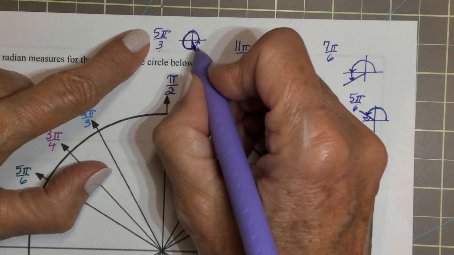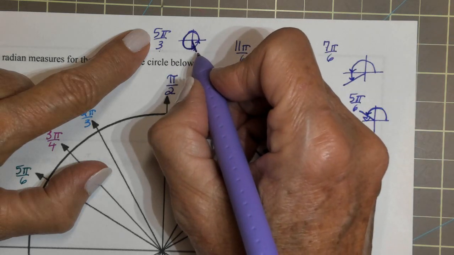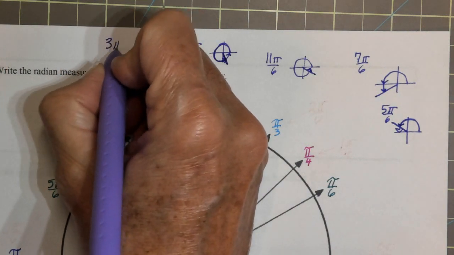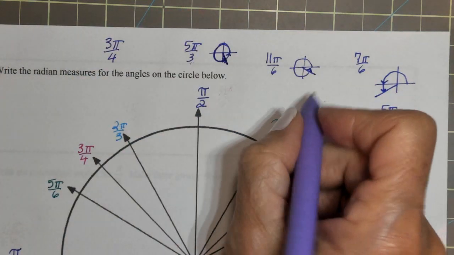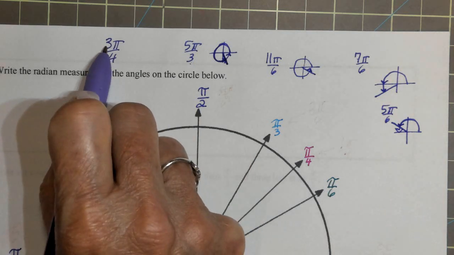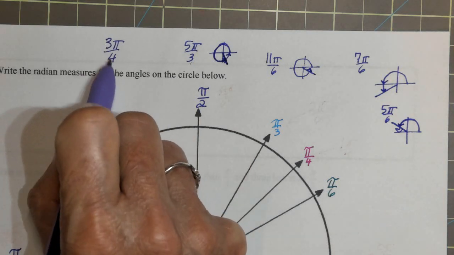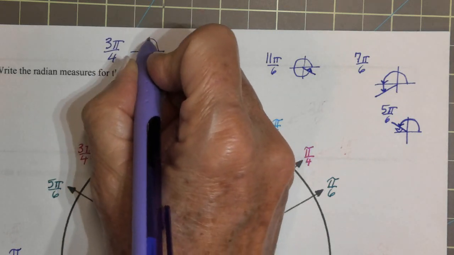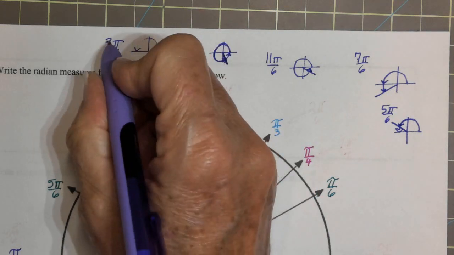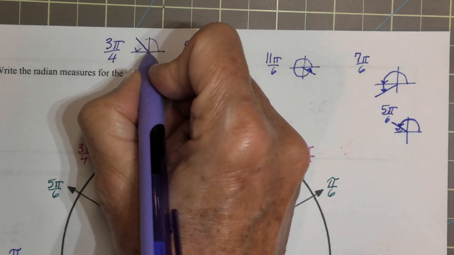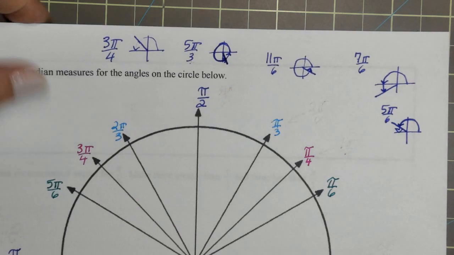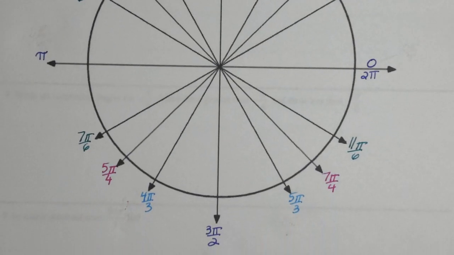So it would be down here in quadrant 4. What if I was asked where 3 pi over 4 is? Well, 3 is almost to 4. If it was 4, it would be over here to pi. 3 is 1 less. It's the middle angle in quadrant 2. That's how I think of these.